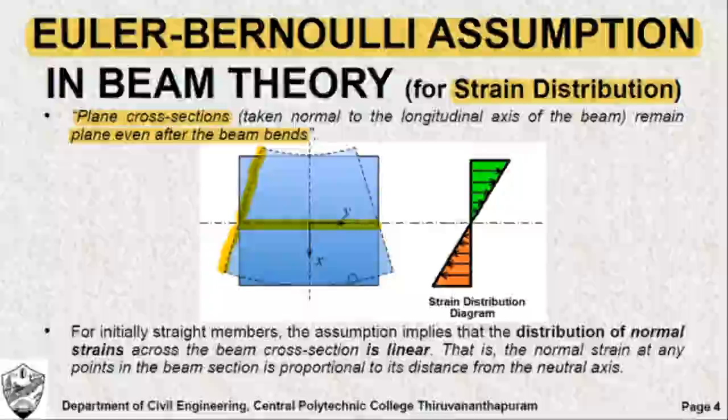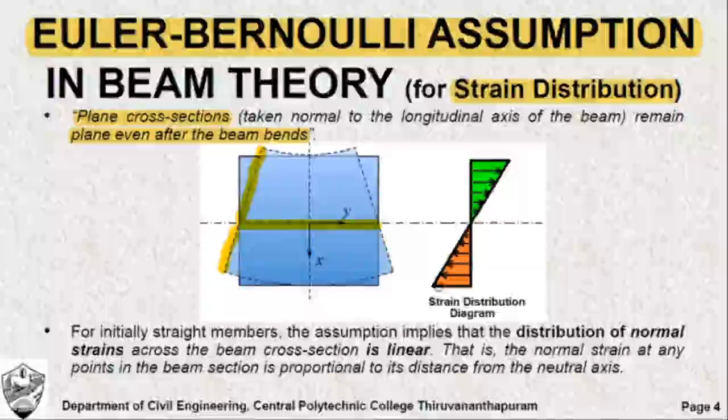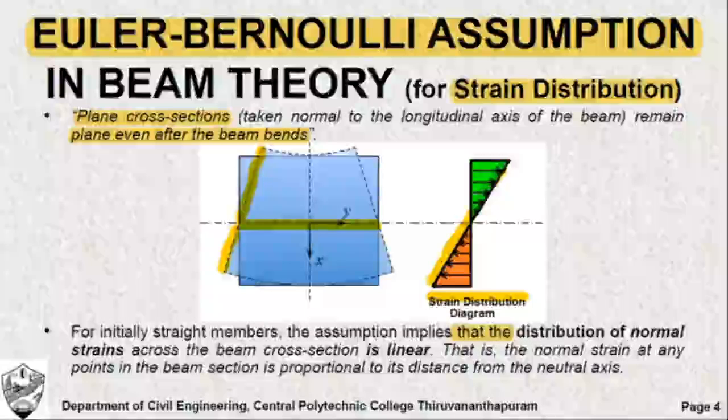So the extreme fibers are subjected to maximum strain or maximum deformation, which is explained with the help of the strain distribution diagram. And you should bear in mind that this strain is always a straight line. So that is how we make this assumption. The assumption results in straight line distribution of strain.